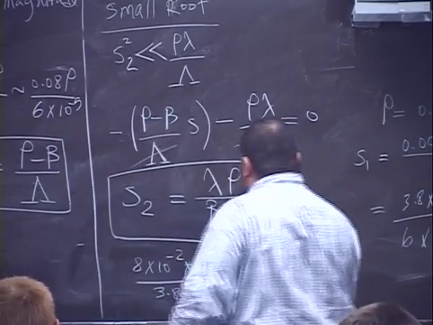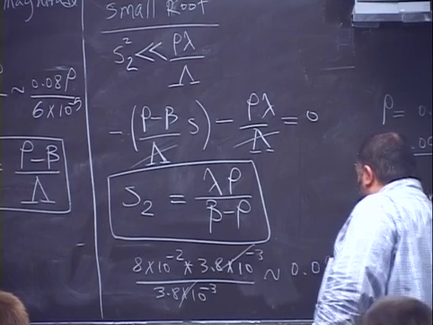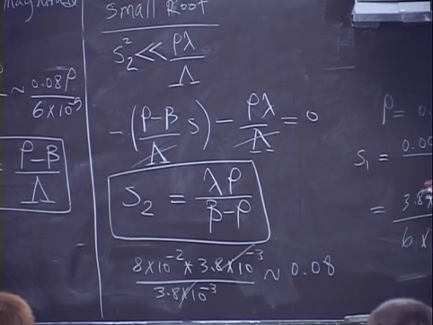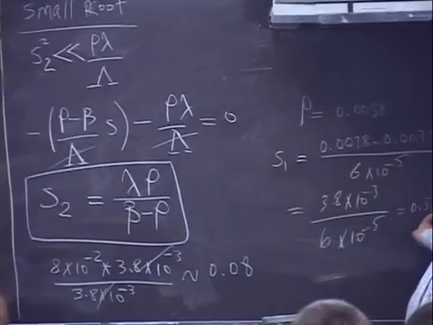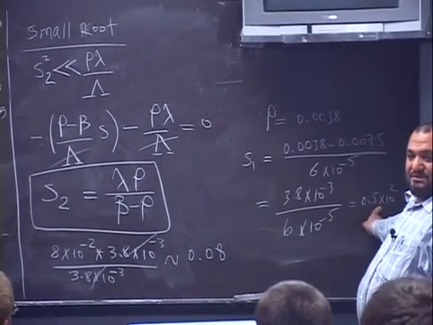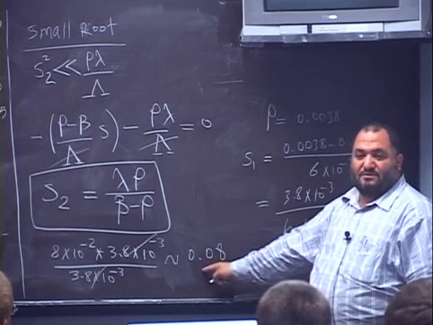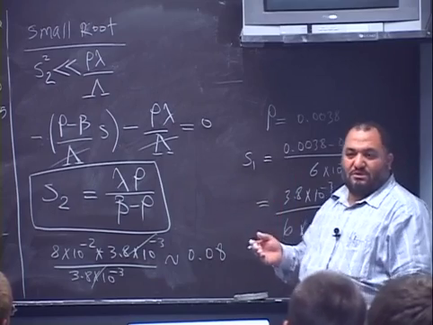So this goes with this, and this will give you 0.08. Is it the magnitude of S1, or do you leave that negative? Yeah, if you take the magnitude. So if it is negative or positive, I'm just showing you. So this will be 100 or so, S1, and S1 square will be what? 10,000. Yes? And this will be what? 0.08. So one root is very large, one root is very small.